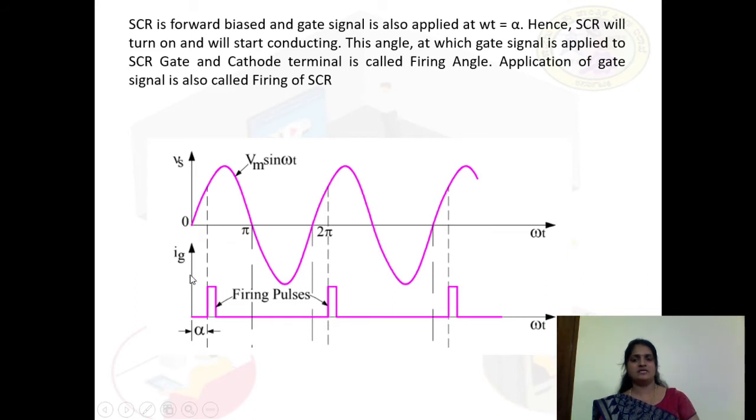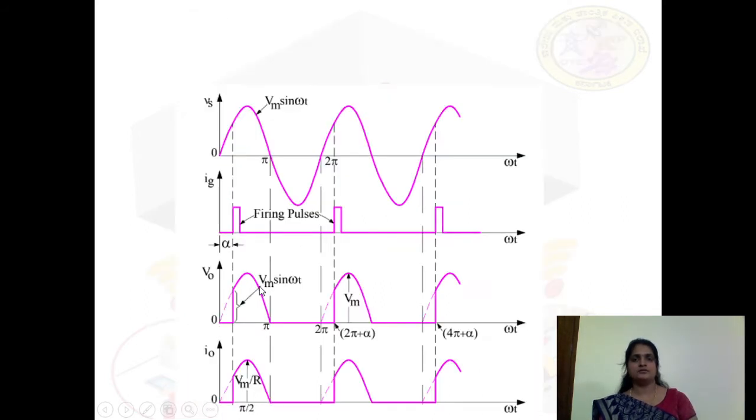The application of this gate signal to the SCR is nothing but the firing angle, denoted by alpha, and this causes the firing pulses. This pulse is referred to as the firing pulse.